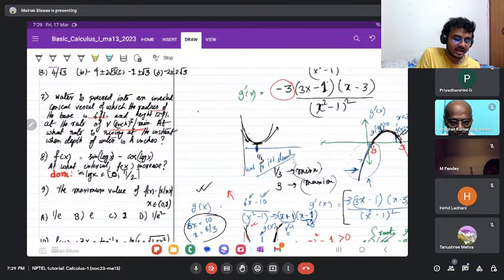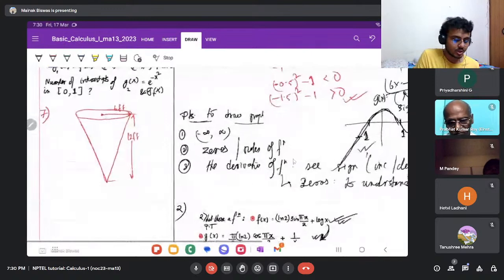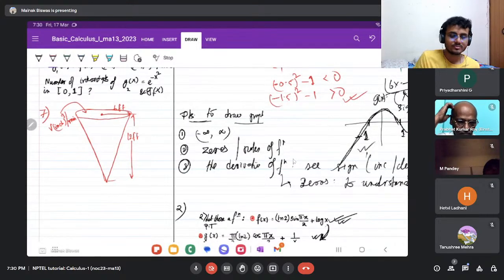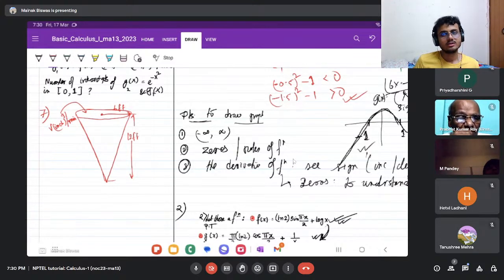At what rate is it rising at an instant when depth of the water is h inches, right? So it is being poured at V cubic inches per minute, which is how you're pouring water into this conical tank.